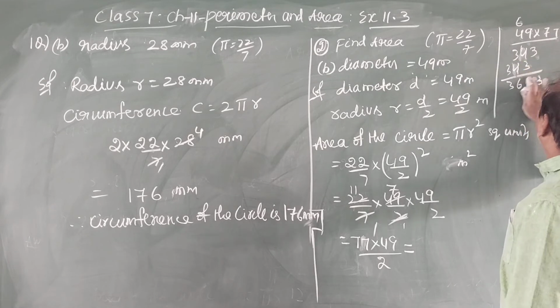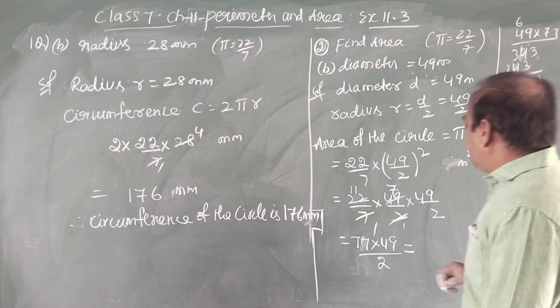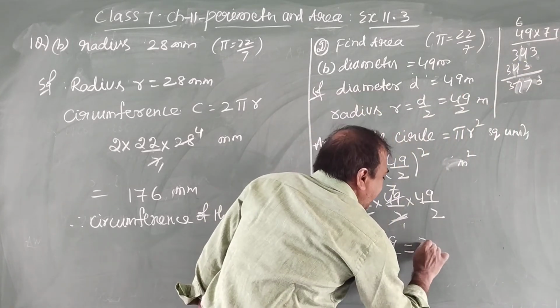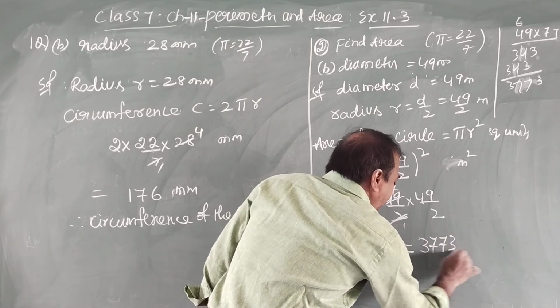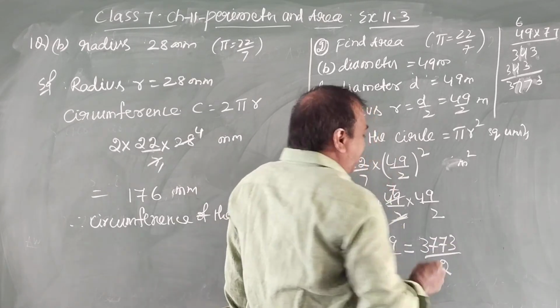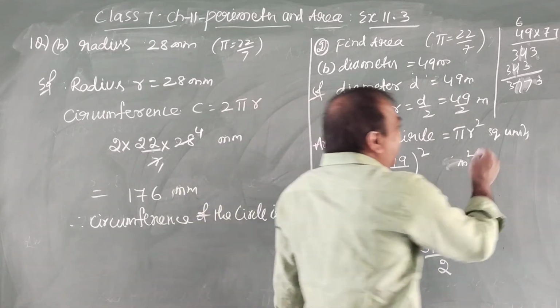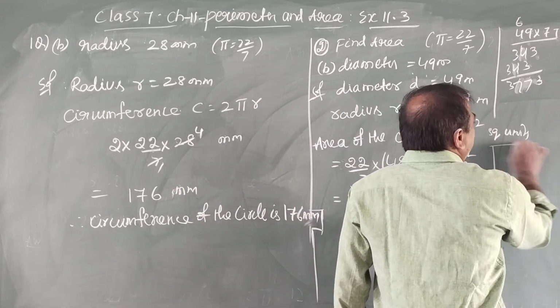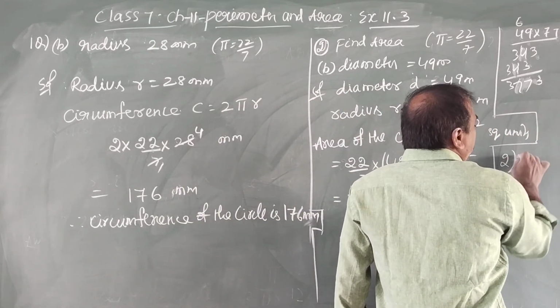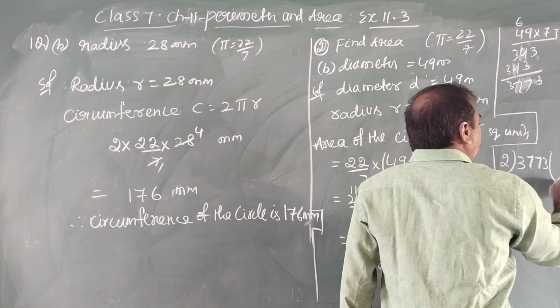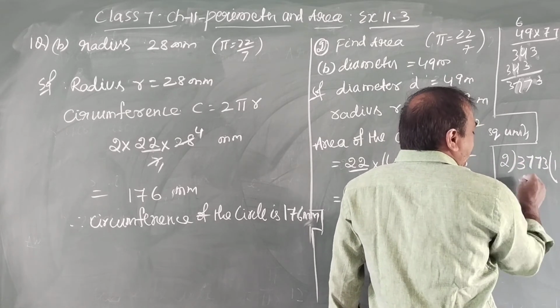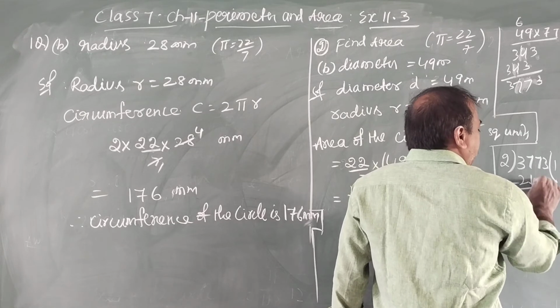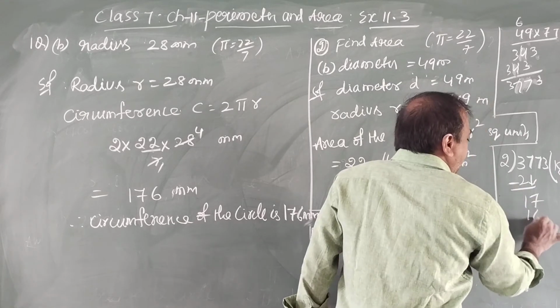So the result is 3773. Now 3773 by 2; I am doing the division with 2. 2 ones are 2, so 1. Bring down 7, 2 8s are 16.